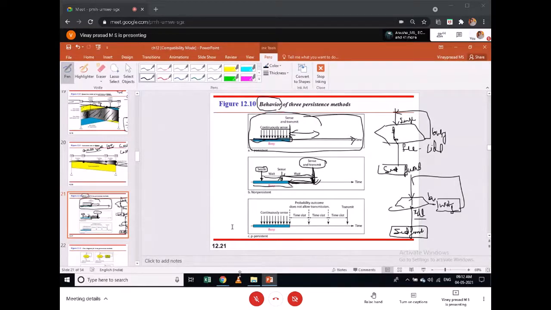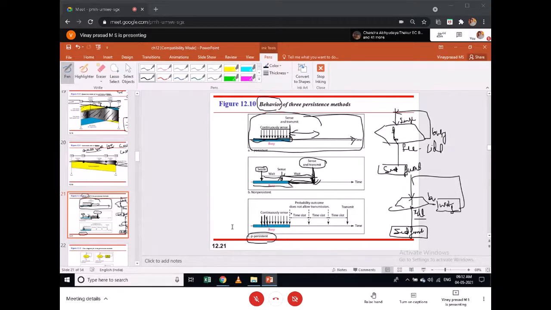Hybridizing these two is what we call probability persistence, so we are adding both these things. In the same scenario, the channel will be busy during the transmission of some other station's data. The station should continuously sense the channel.